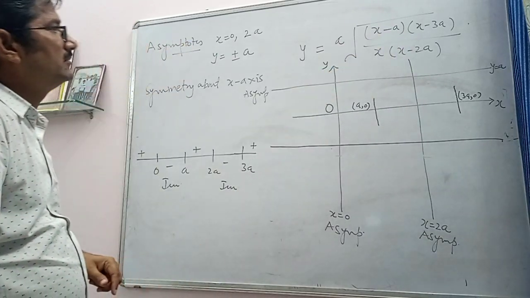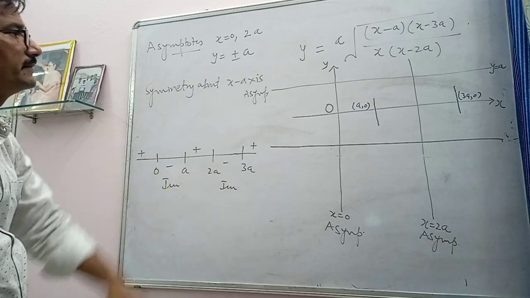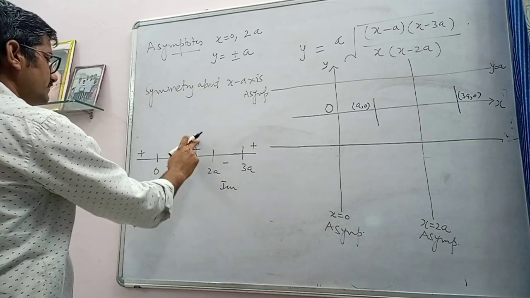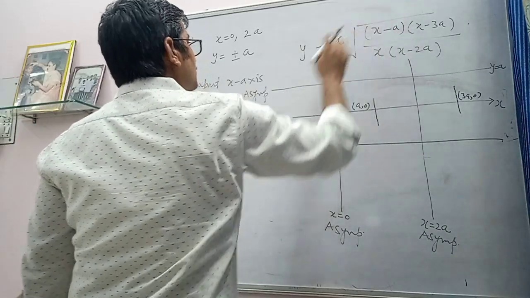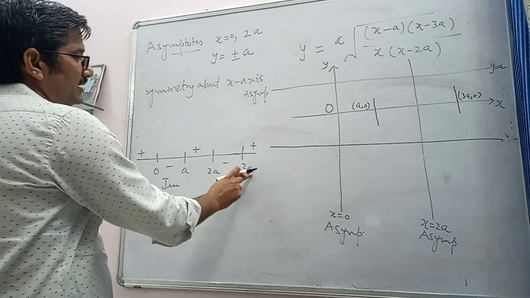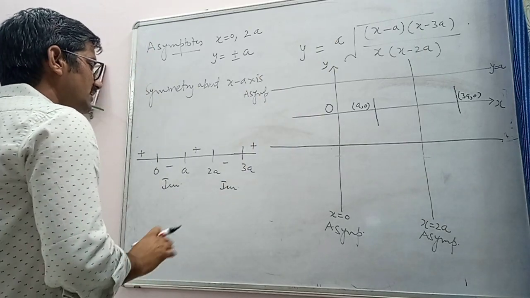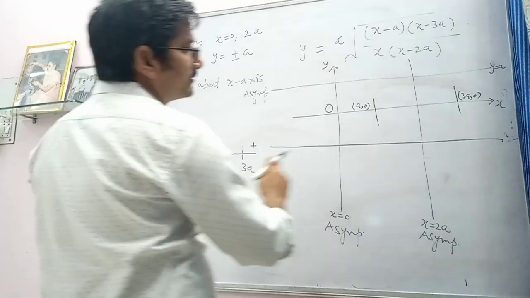We get the 4 values: 0, a, 2a and 3a. Starting from the rightmost portion: plus, minus, plus, minus, plus. This expression is negative if x lies between 2a and 3a, which means y will be imaginary there. So we are not interested in tracing the curve between 2a and 3a.